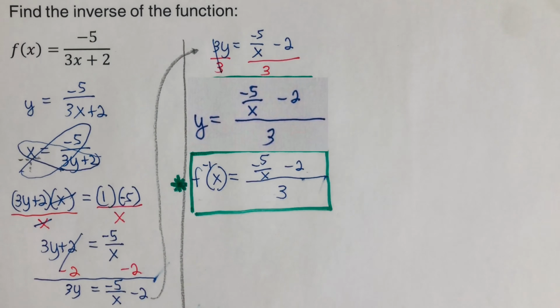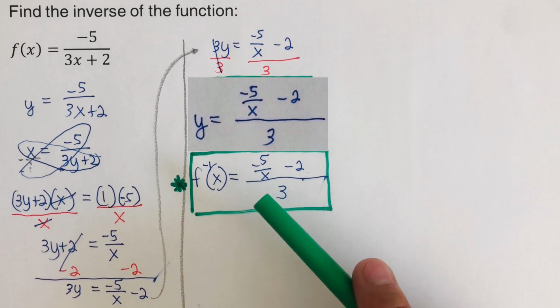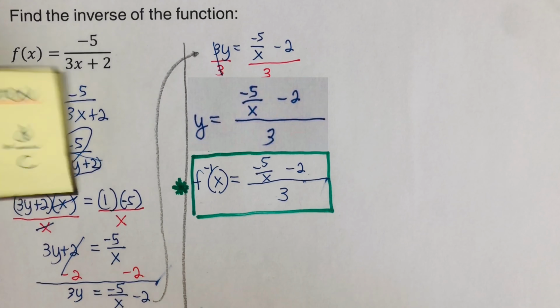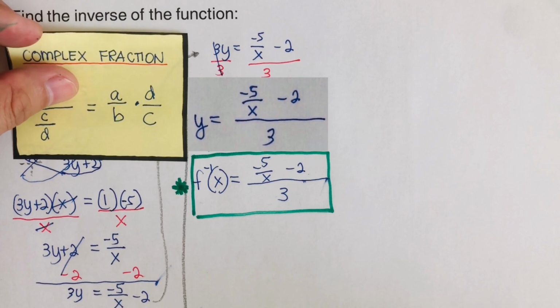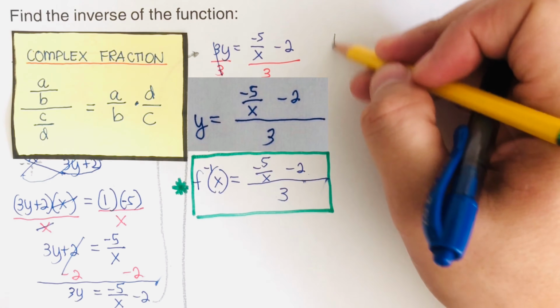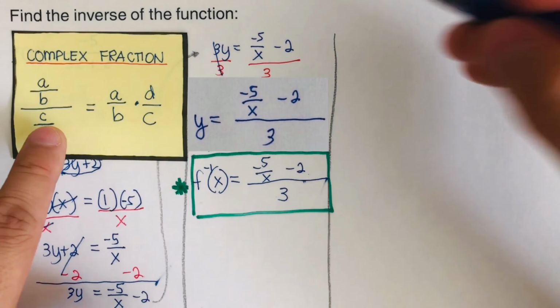Okay, since this is a complex fraction, we can actually simplify this by using the rule for complex fractions. We got here the rule for complex fractions. So what we are going to do is make sure that their denominators are the same, so I can go ahead and show the work up here.